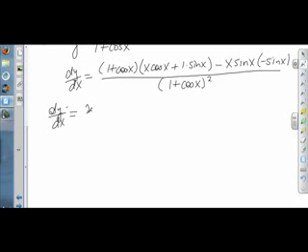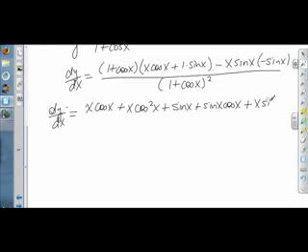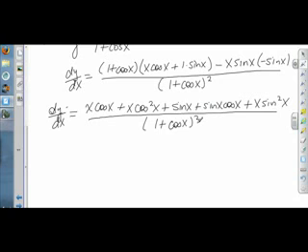So we would have x cosine x plus x cosine squared x plus sine of x plus sine of x cosine of x plus x sine squared x, all over 1 plus cosine of x squared.